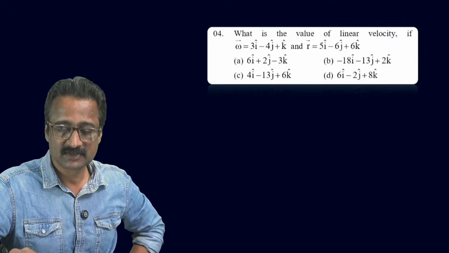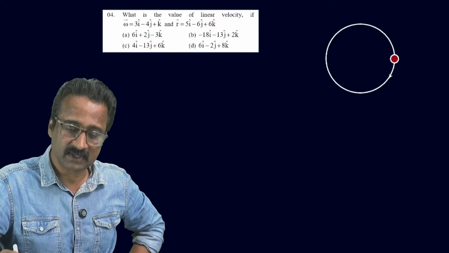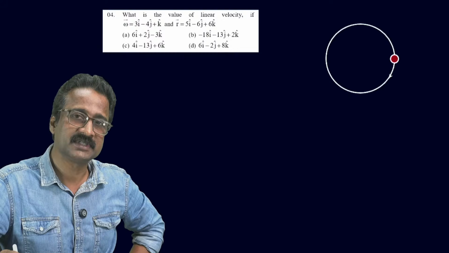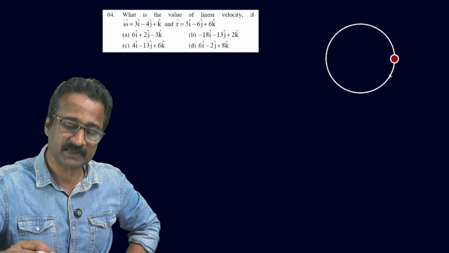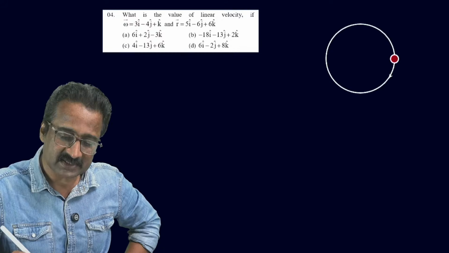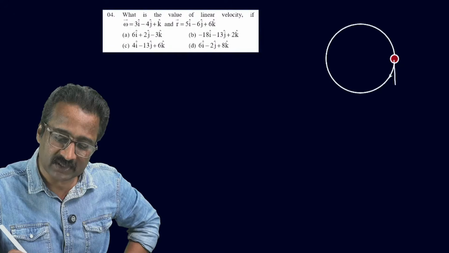That is it. So this requires certainly some equations, vector formulae with regards to linear velocity, angular velocity and all. I'll just explain what is given in the question. Here is a particle that is revolving in a circle. I just assume that the particle has a linear velocity of some v in this direction.